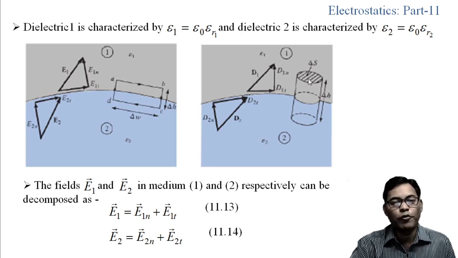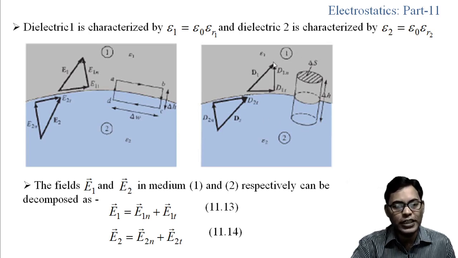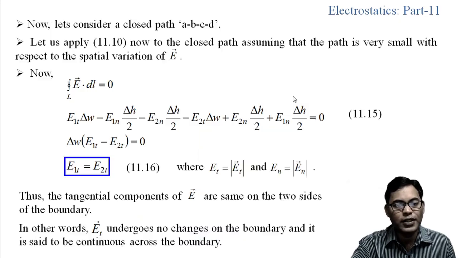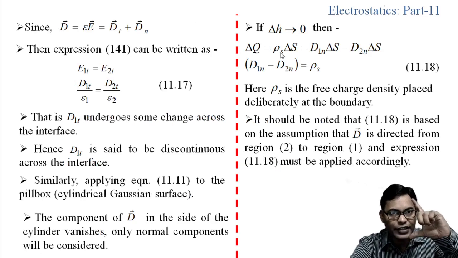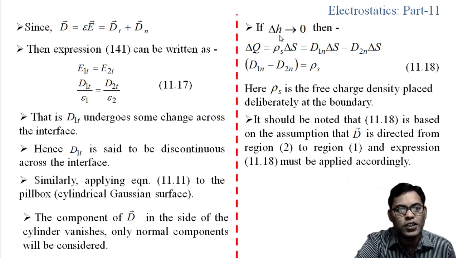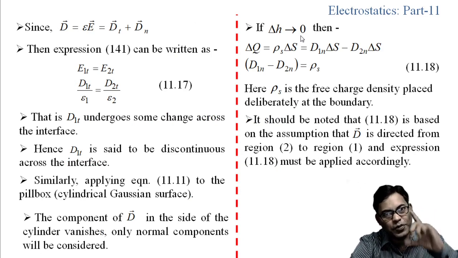So we only have to consider the normal component. What we get is D1n into del S plus, in this case, minus D2n into del S, equals the charge enclosed Q. So that we will see. If you see this diagram and remember, the height of the Gaussian surface we have considered, del h, tends to 0, that means very, very small.